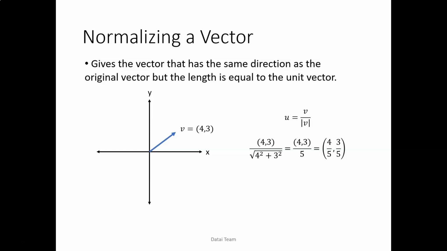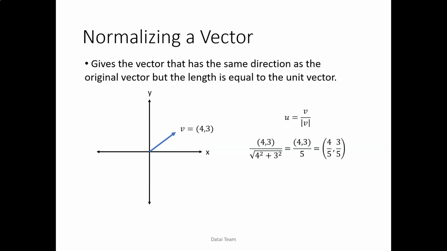Let's look at this example. We have the vector 4, 3, so the x dimension is 4, the y dimension is 3, so our magnitude is 5. Our magnitude is equal to the square root of 4 squared plus 3 squared. 16 plus 9 is equal to 25. The root of 25 is 5.